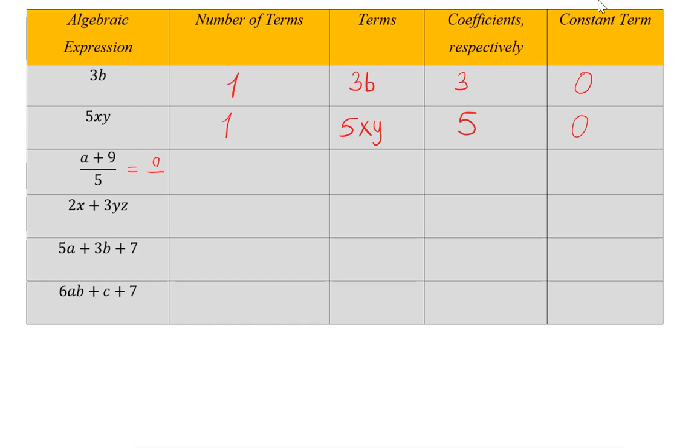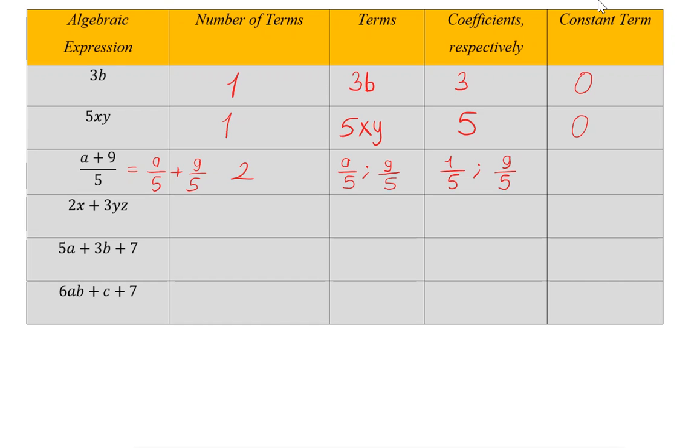Okay, guys, be careful with the third one. I should write this as an addition of two terms. Let's write it: a over 5 plus 9 over 5. When we look at this, I can see that there are two terms here. And the terms are a over 5 and 9 over 5.